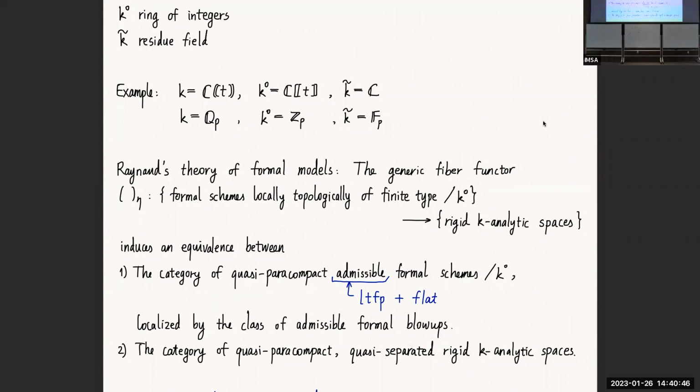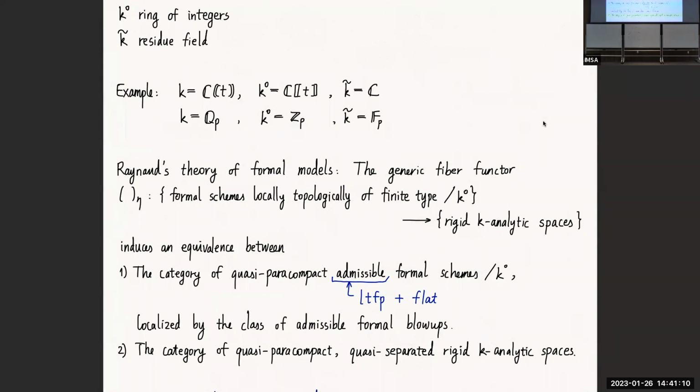Here when we say rigid K-analytic, it's in the sense of the classical rigid analytic geometry. It's slightly more restrictive than Berkovich, because Berkovich allows radii that are not in the value group, the root of the value group.